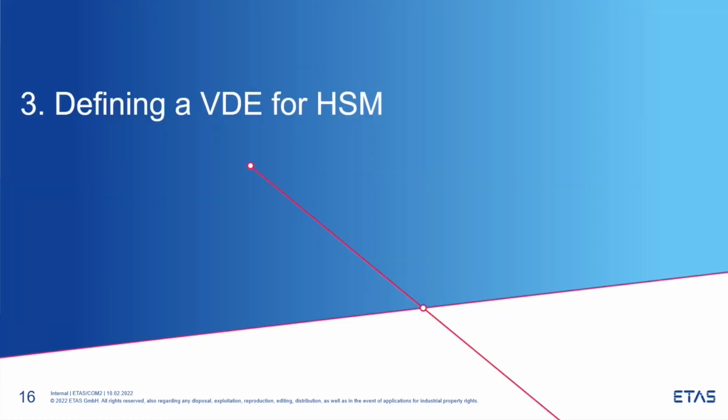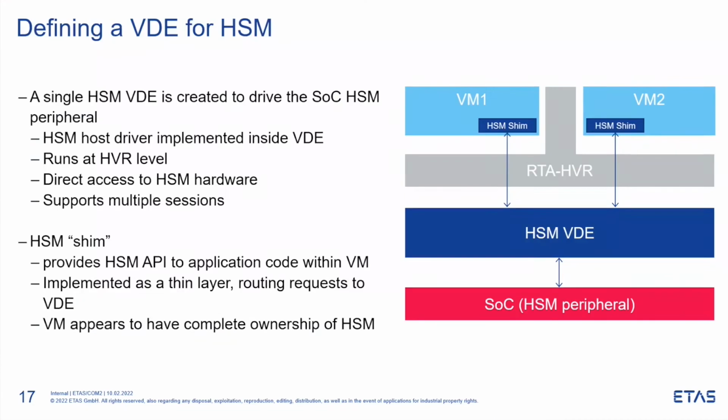Now that we understand a little bit more detail about the hypervisor, VDE, and the way in which they work, we can look at a little bit more detail about how we enable sharing of a HSM specifically between virtual machines. So what we have is the same sort of architecture that we've seen before.